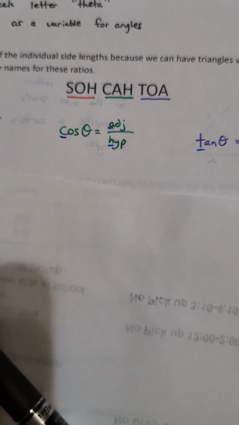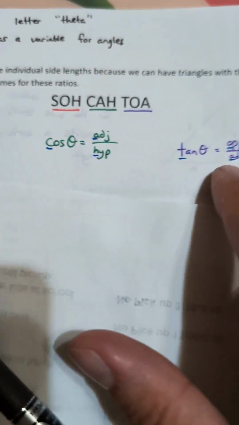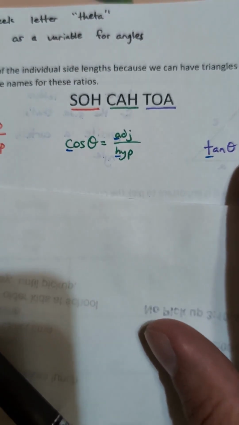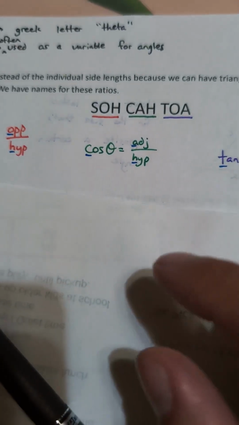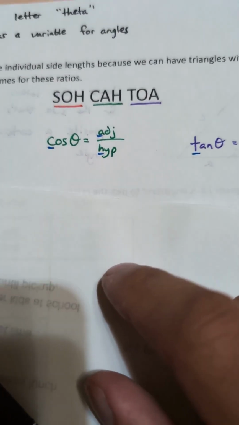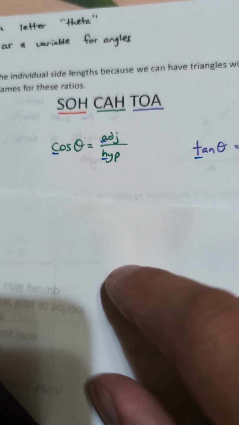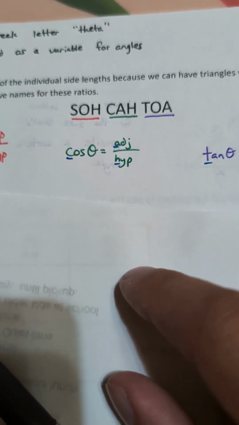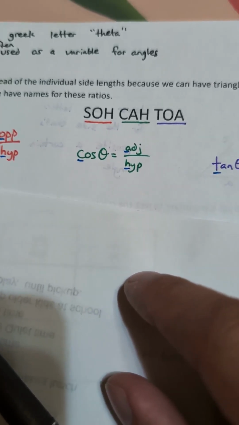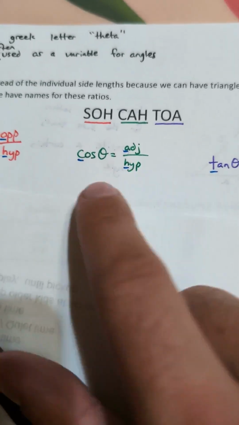It's just a way to help remember all these different ratios off the top of our head. It seems like a random word, but the hope is that you hear it so often that it helps you remember which ratios go with sine, cos, and tan.